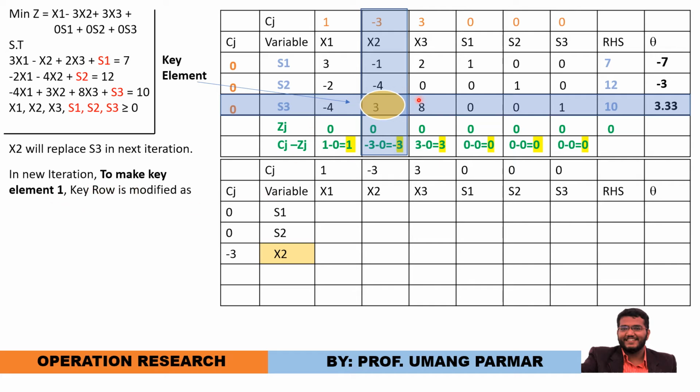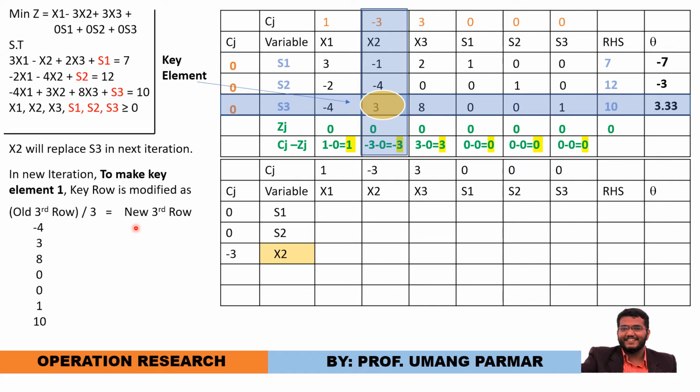The key element we have right now is 3, so first we need to modify this number to a 1. For that, our row operation is that the old third row will be divided by 3. Why 3? Because 3 is our key element. Whatever your old row is, it is divided by the key element, and that becomes the new row.